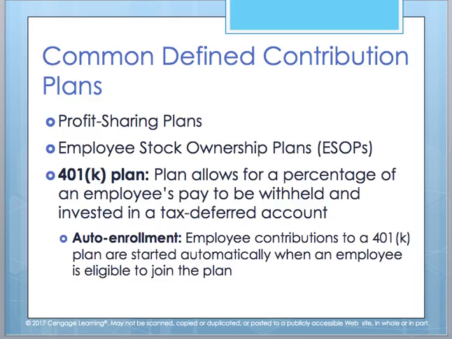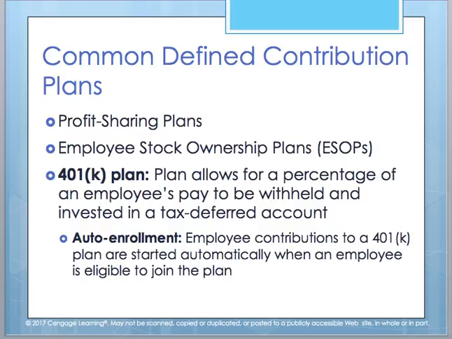Usually under the common defined contribution plans, you have profit sharing, ESOPs, and the 401k plan, where a percentage of your pay is withheld and invested in a tax-deferred account. You can't draw down on that account until after a specified age, usually 62 and a half and older. Sometimes it can be older than that.